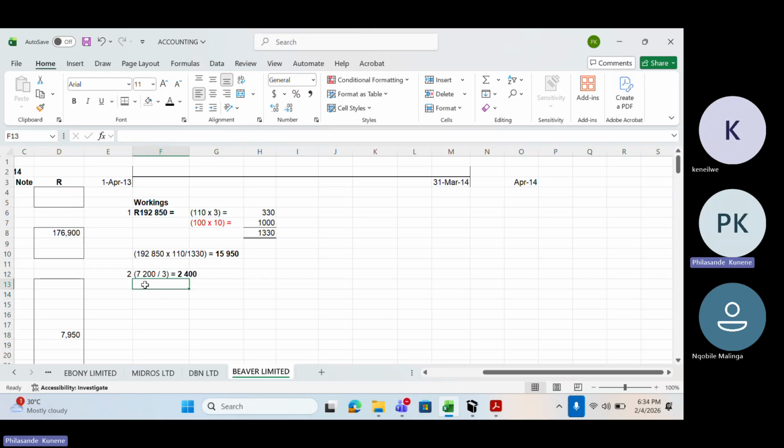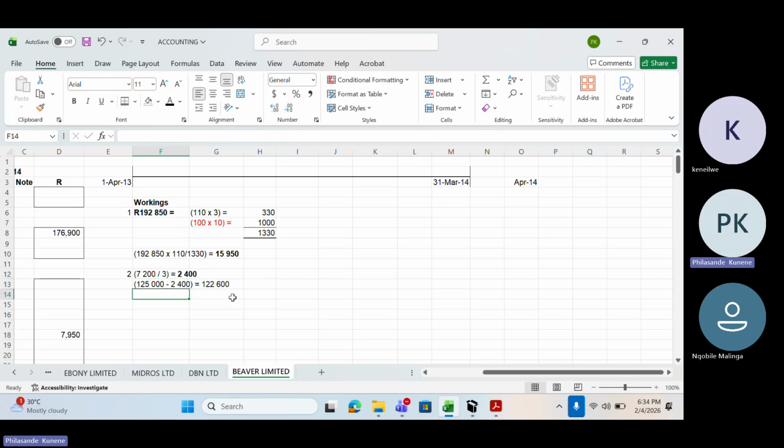So what I need to do now is say 125,000 rand minus the 2,400. How much are we getting? 122,600.